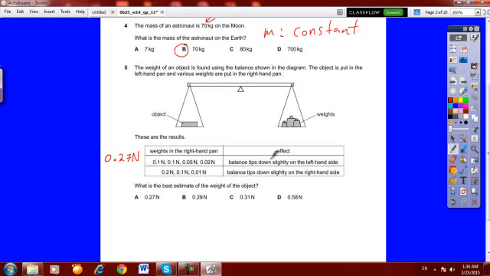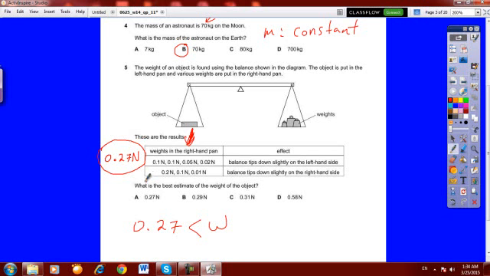The balance tips down slightly to the left hand side. So this means that this weight is less than the weight of the object. That's why it will tip to the left hand side, so the weight of the object will be greater than this value.